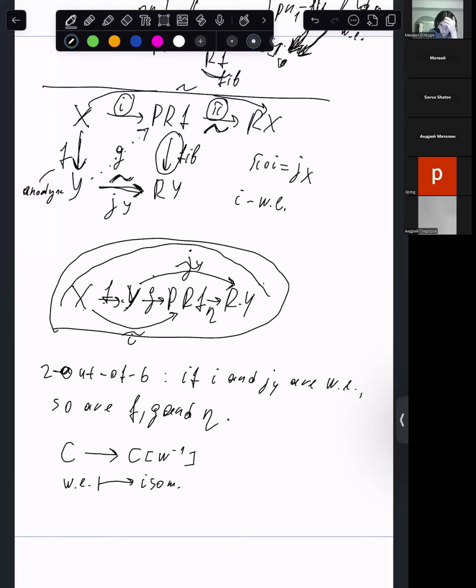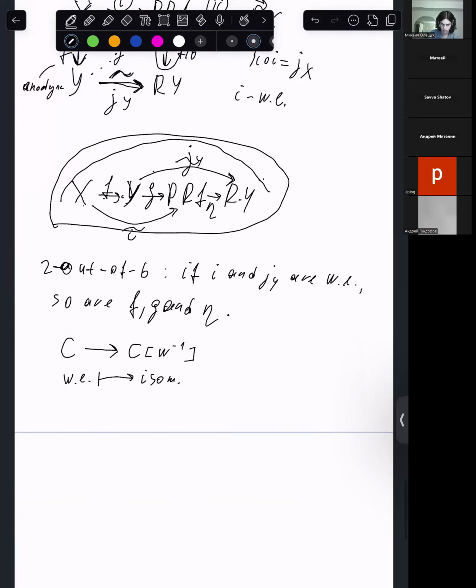We talked about it the last time. Alexei said something about that: that the map F is a weak equivalence in C if and only if F has a homotopy inverse.